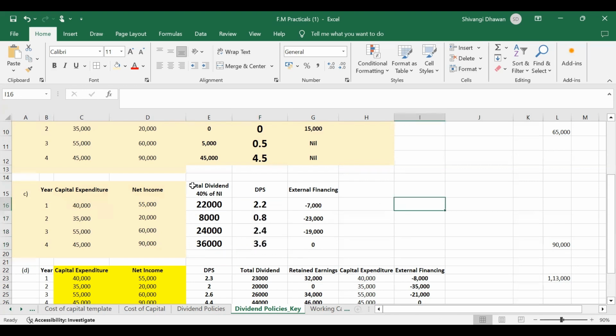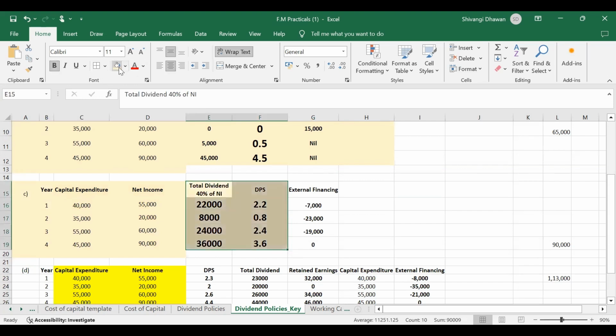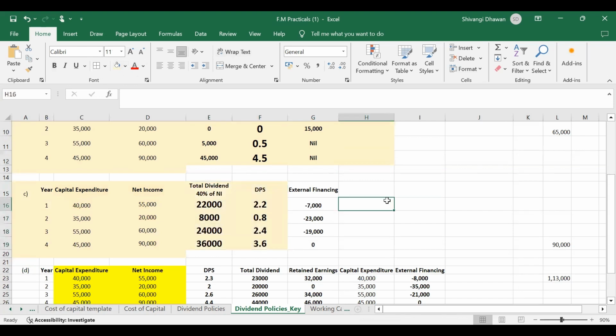Now you are okay with the dividend and everything. The only thing left is whether there is any requirement of external financing. You can see here that if you pay the dividend of 22,000, okay, what are you left with, and will you be able to meet your capital expenditure, or do you require any external financing?